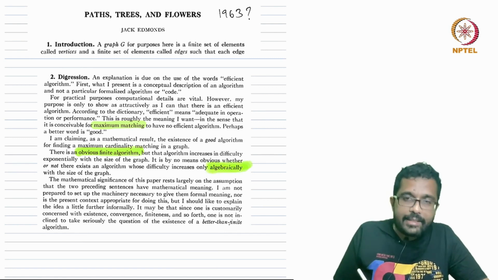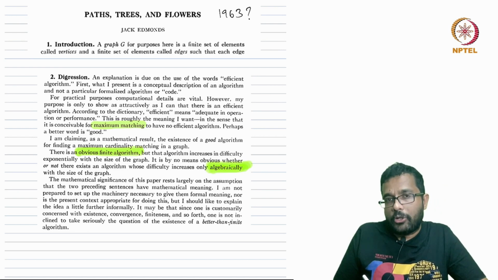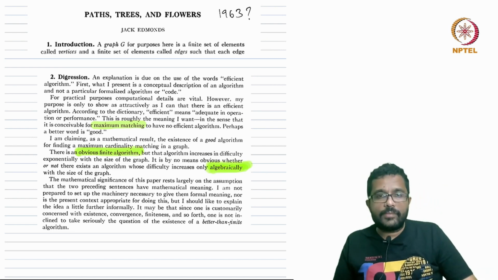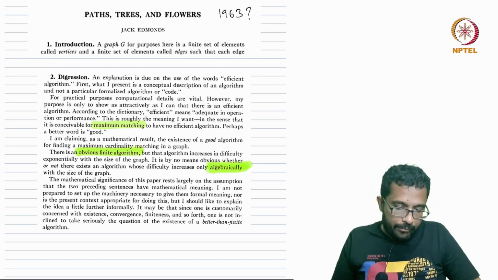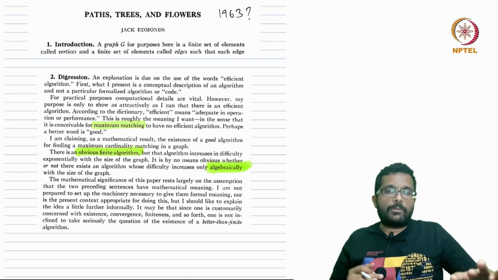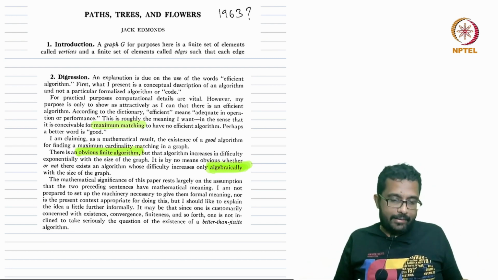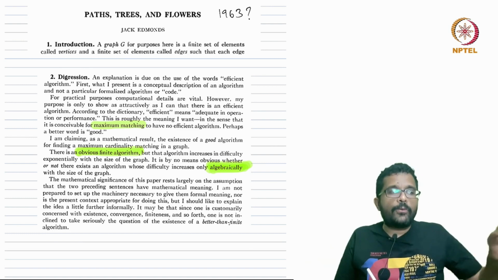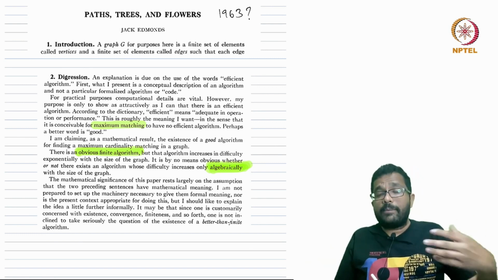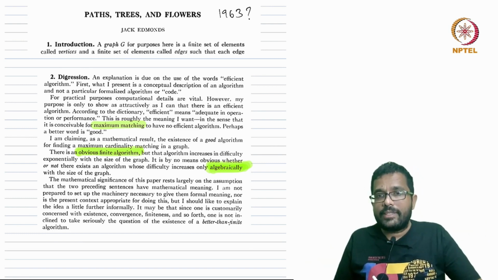By algebraically he means polynomially, it's just another term. He wants to contrast exponential and polynomial. He says brute force is usually exponential, and what I am presenting is much more efficient than that, which is polynomial.